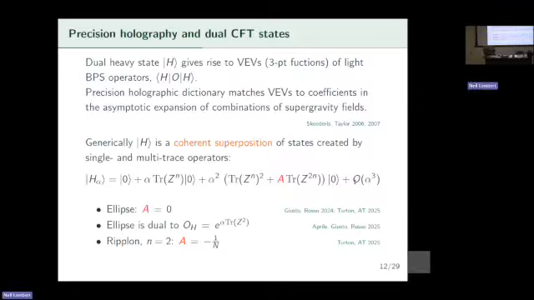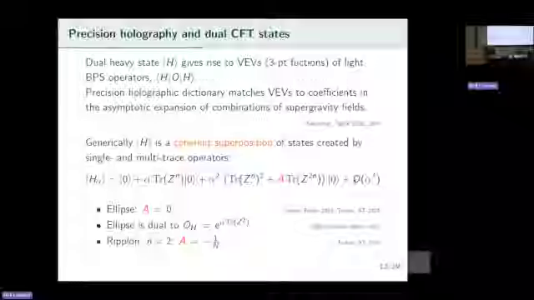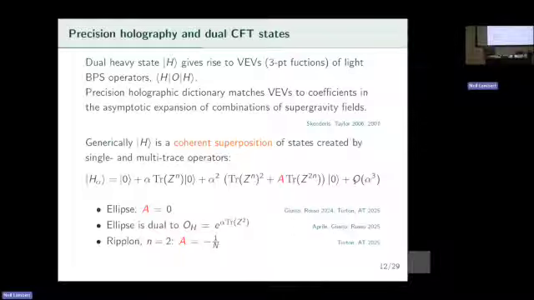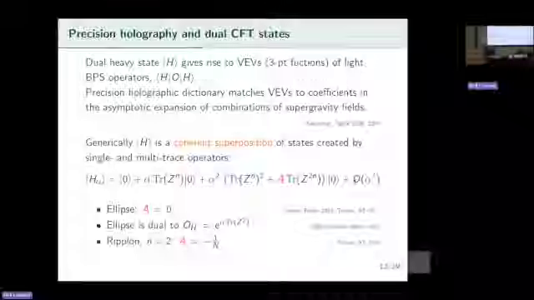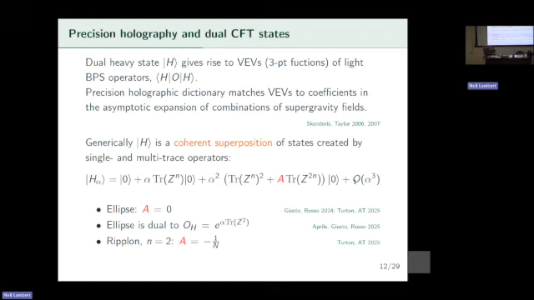In a subsequent paper, these authors made a much more precise statement, that the dual state for the ellipse geometry is simply the exponential operator of the single trace. Independently, we also analyzed the Riplon, and we showed that for the Riplon, A is minus one over n.